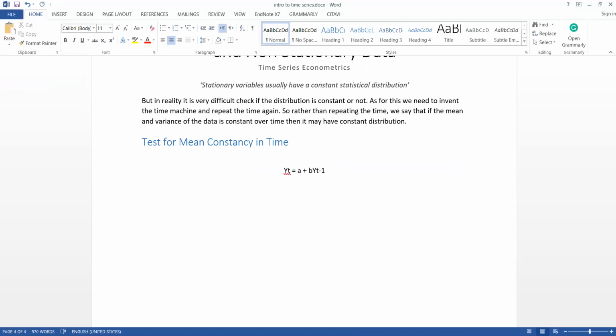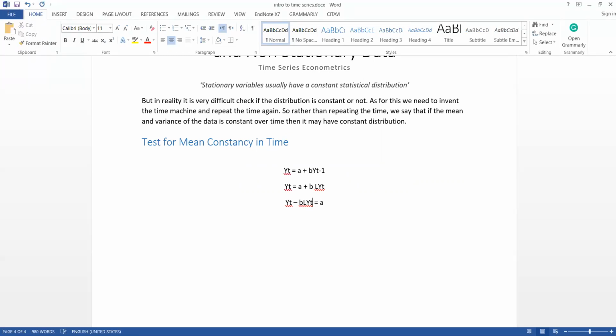Here we can simplify this equation. Y t is equal to a plus b L y t. Let's assume L is a factor that explains how the present is a function of the past. Let's simplify again: y t minus b L y t is equal to a.